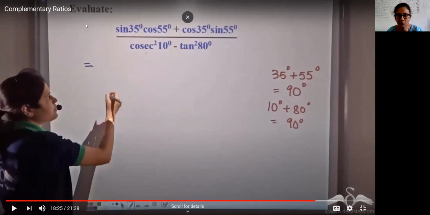So in the place of this sine 35, she wants you to write it as cos of 90 minus 35, because I know sine theta is equal to cos of 90 minus theta. My theta here is 35. If I want to write it as a complementary angle, sine and cosine are complementary, we have seen. So in the place of sine 35, I will write it as cos of 90 minus 35. What is 90 minus 35? It is 55. So you will have it as cos of 55.